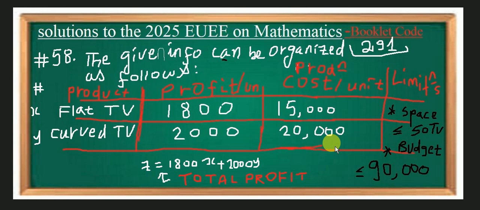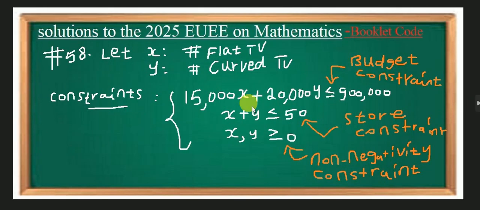But the budget is only 90,000, so we cannot expend more than 90,000. So 15,000 X plus 20,000 Y should be less than or equal to 90,000. This is one constraint, the budget constraint.